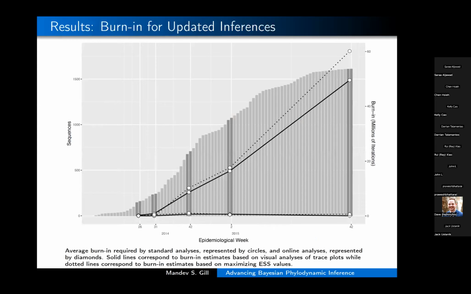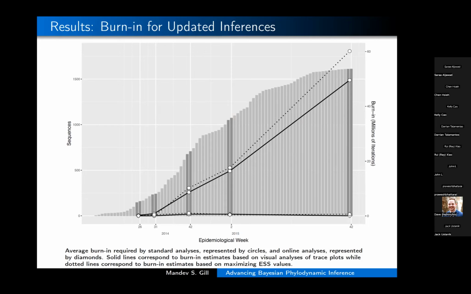All right, so here we have the data flow in terms of total sequences available during each week, recreated in the background of the plot in gray bars. Dark gray bars show the data corresponding to the 5 time points at which we compute updated inferences. So the plots show the average burn-in over 5 replicates required by standard analyses, represented by circles, and online analyses, represented by diamonds.